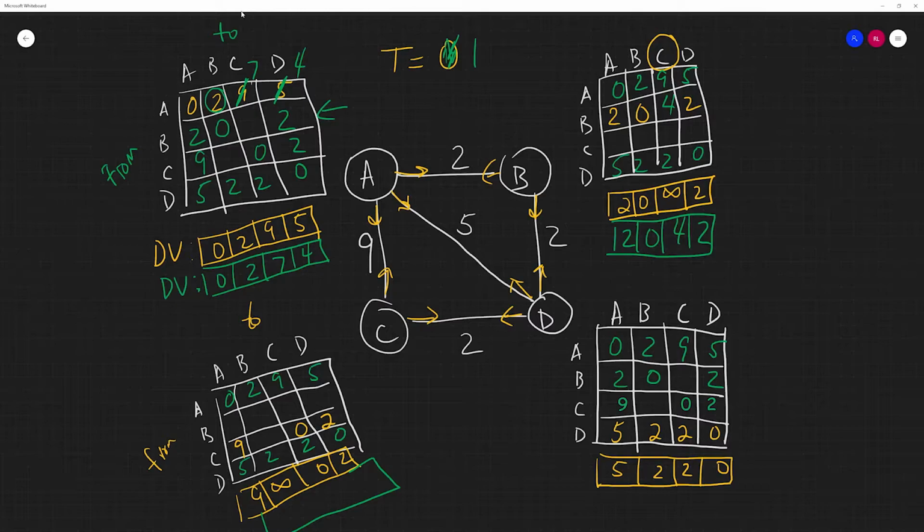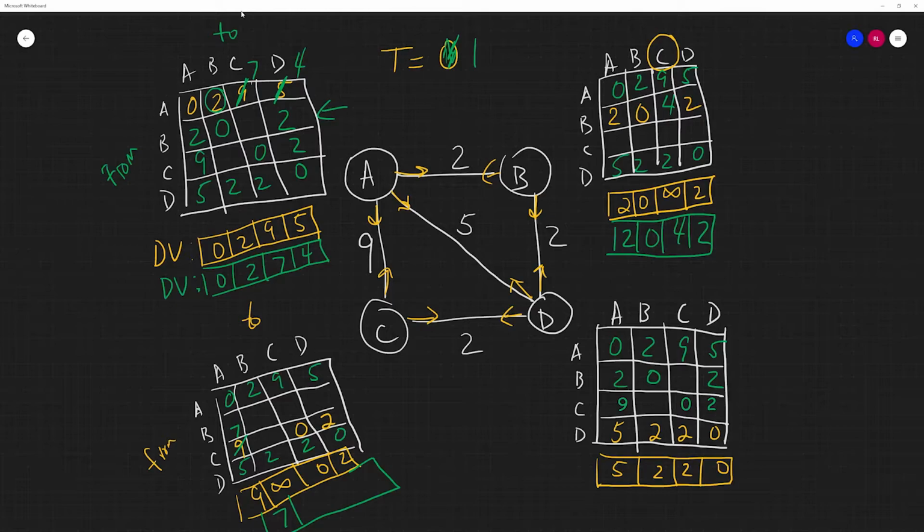So 5 over here is interesting. How much does it cost me to get to D? It costs me 2, so that's going to be 7. Next we have infinity, so anything is better than infinity.